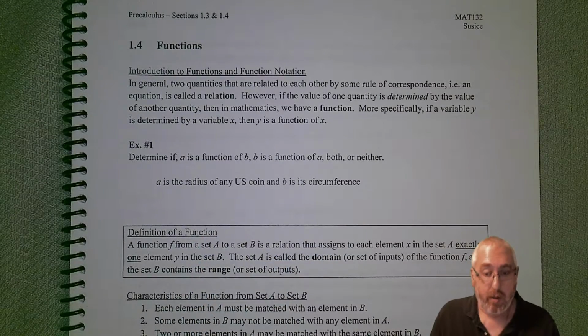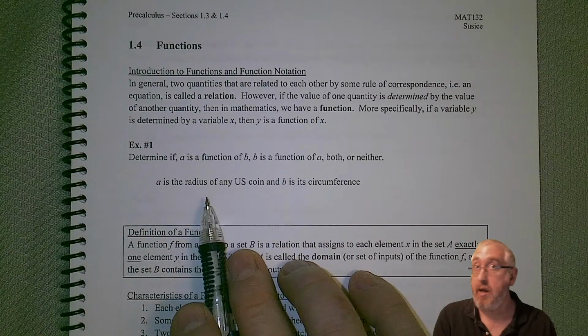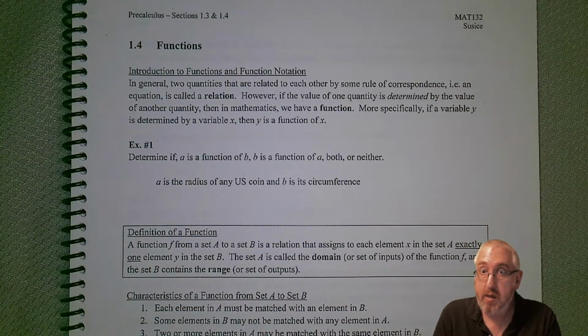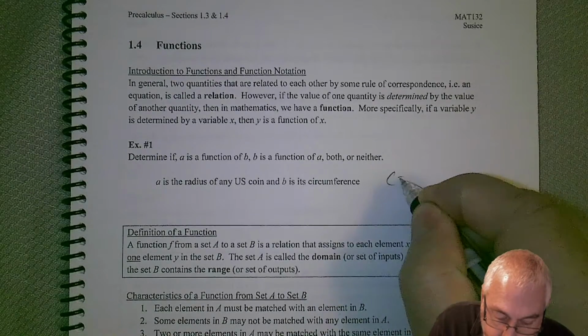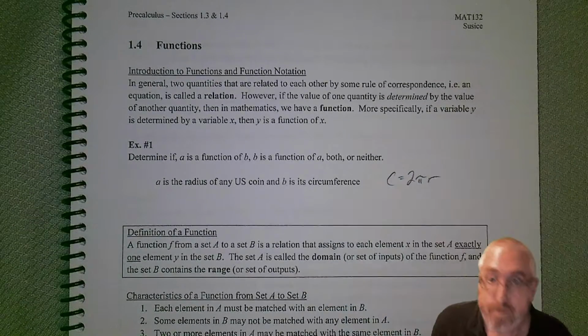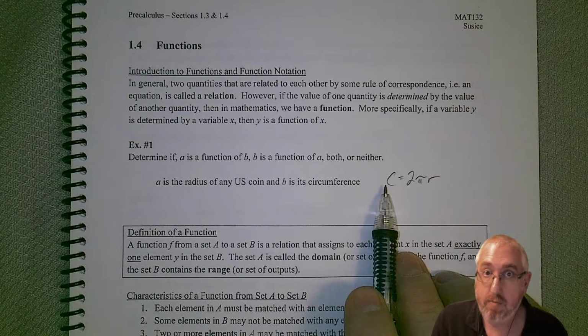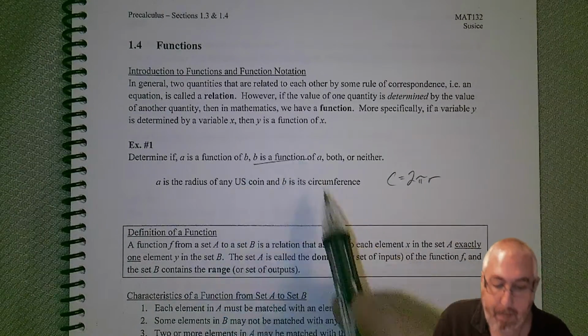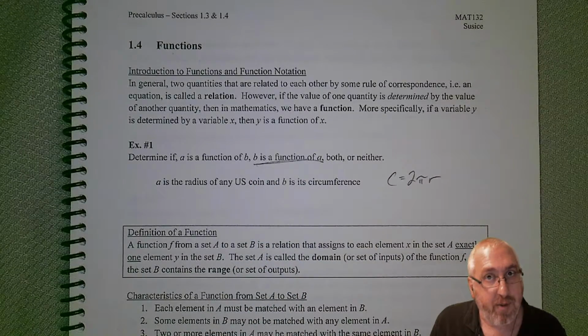Now, you should say that the circumference is determined by the radius, right? If we know the radius, we can get the circumference because we know C equals 2 pi r. So if we have the radius, we can get to the circumference. So we know that this is happening. But is that the only thing that's happening?